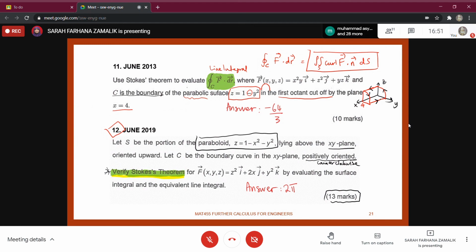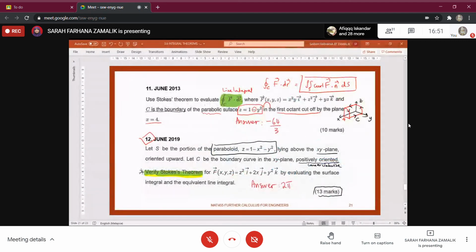So if you want to evaluate the line integral, if the question asks for the line, you must show the line integral, which means how many C are there here? C1, C2, C3, C4. But the question asks to evaluate the line integral, so you must show the surface integral.